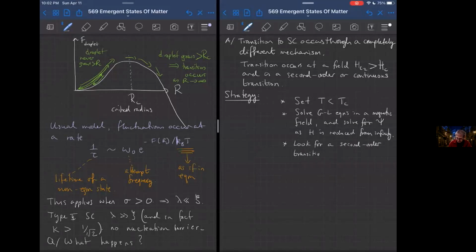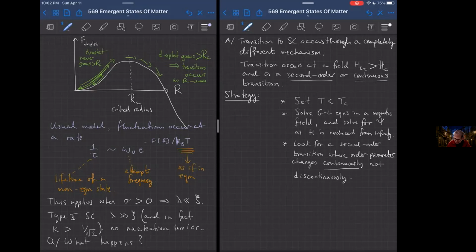The characteristic of a second order transition is that the order parameter doesn't change discontinuously, but changes continuously. So that's why we call this a continuous transition or second order transition. The real thing that matters is whether or not the order parameter changes continuously.